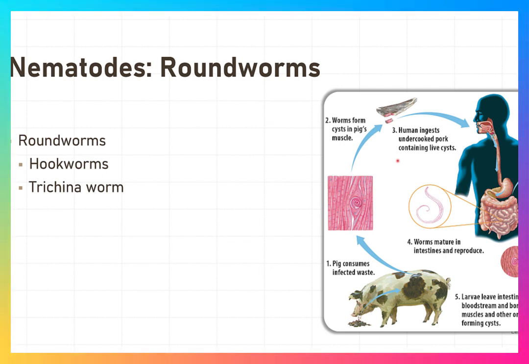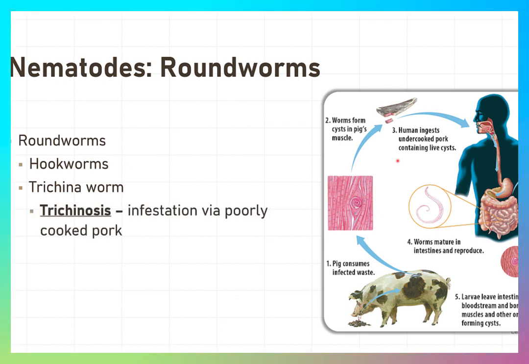That's why there was an emphasis many years ago on cooking pork very, very thoroughly and not serving raw or undercooked pork. This is much less of a problem now because of the way that pigs are raised in the United States. So trichinosis is an infestation that's caused by poorly cooked pork.